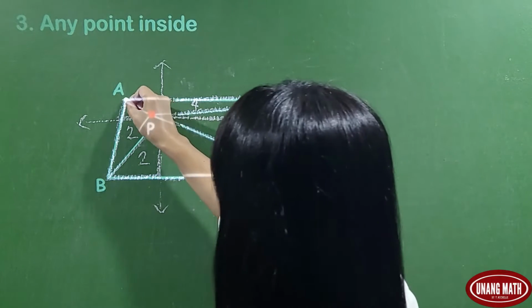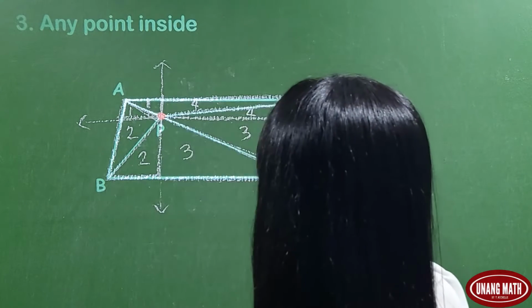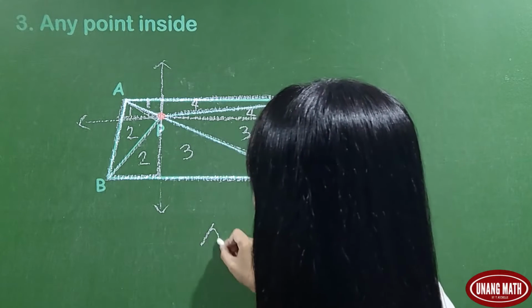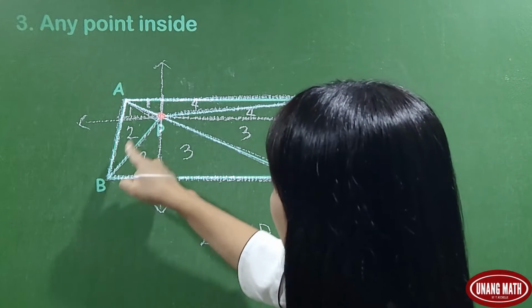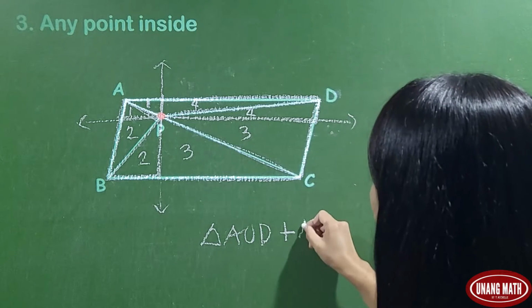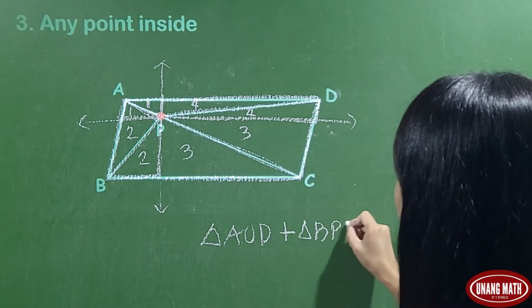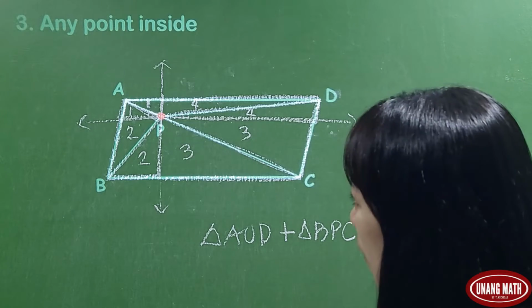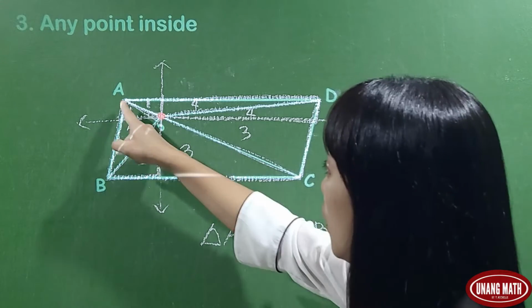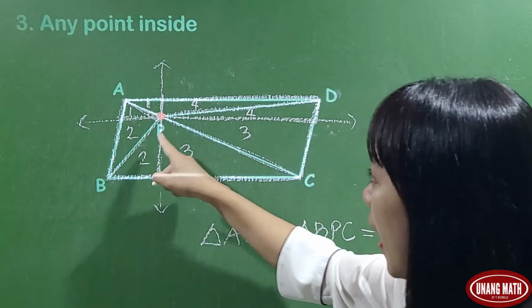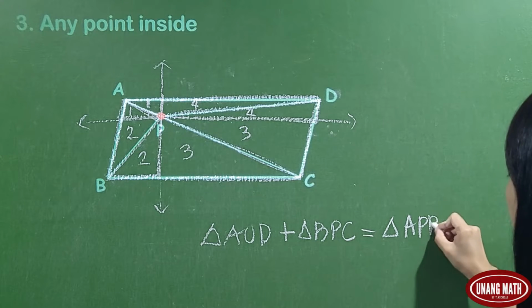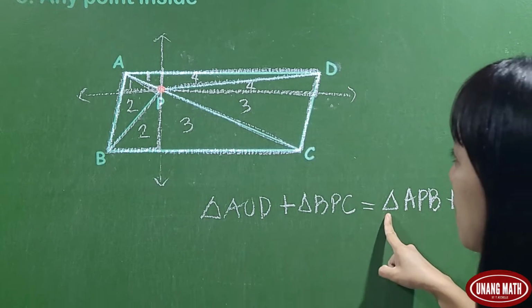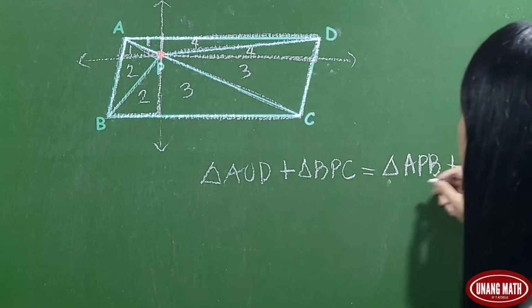Okay, now, I mentioned a while ago that triangle AOD plus triangle BPC is equal to the sum of triangle APB and triangle DPC.